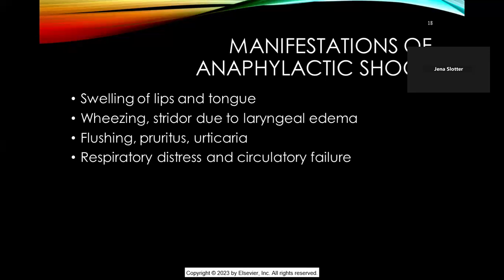I think I mentioned all the rest of that. Yeah, there are some lab values in the textbook also. I'm trying to look and see what page it was on for you guys.